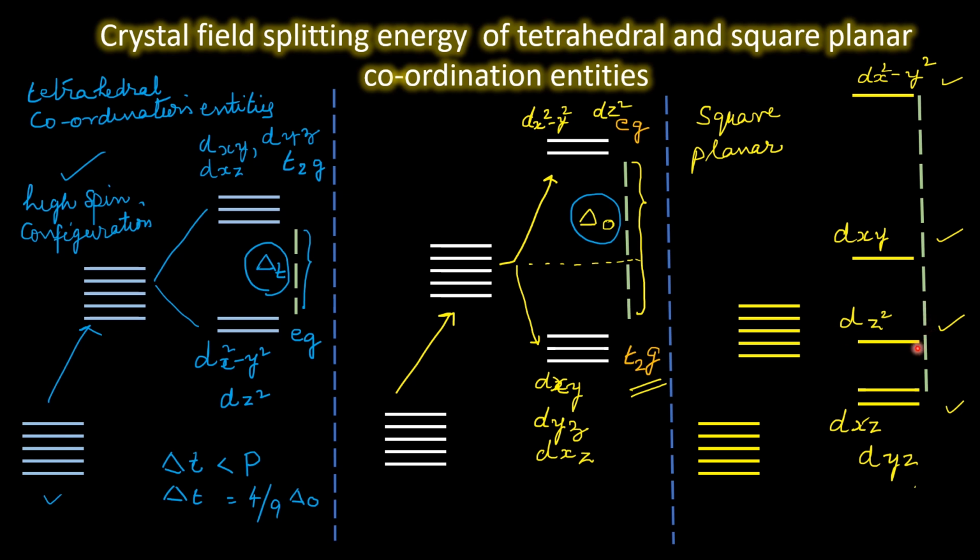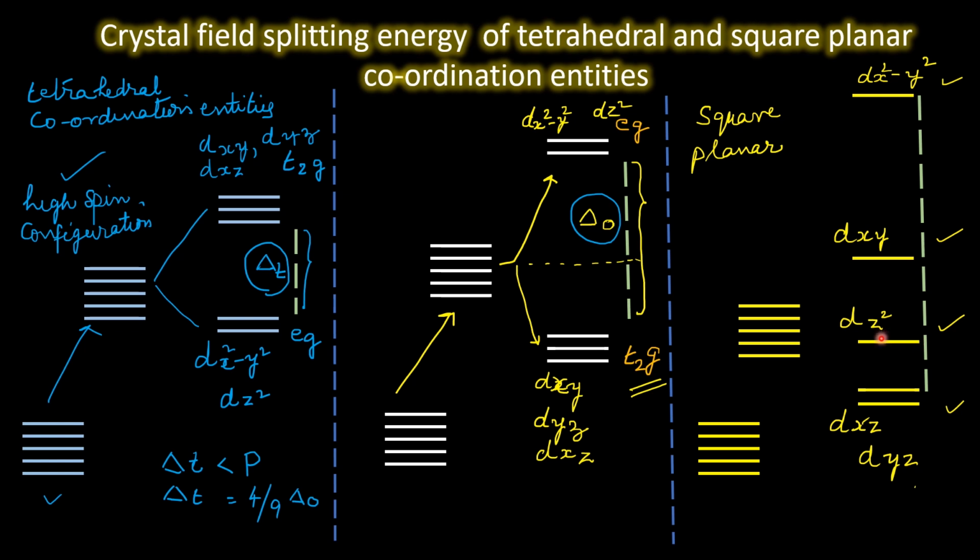When we consider dz square, which is at an energy level less than that of dxy, the lobes of the dz square orbital point outside the plane of the complex. The compound is square planar, so these lobes are pointing outside this plane. Hope you remember the shape of the dz square orbital. It is donut shaped.